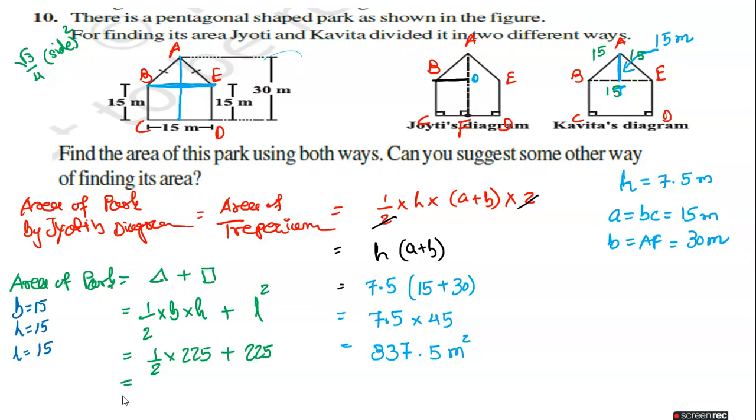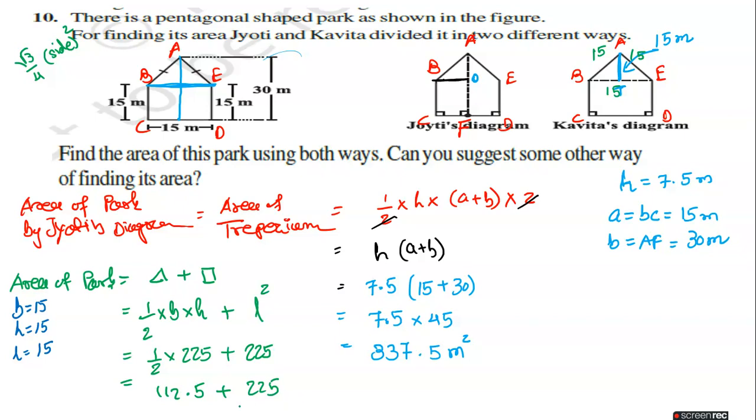Then 225 is half. Dear students, it's half. 225 is half, 112.5, and plus the remaining 225 will remain the same as it is. First it will divide by 2. Plus 225.